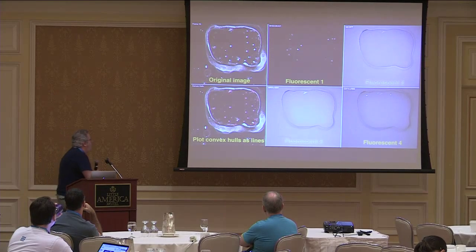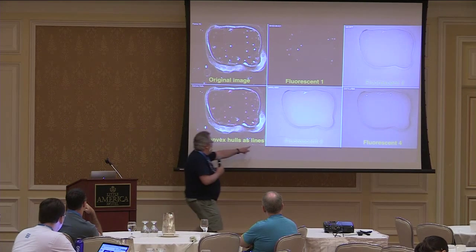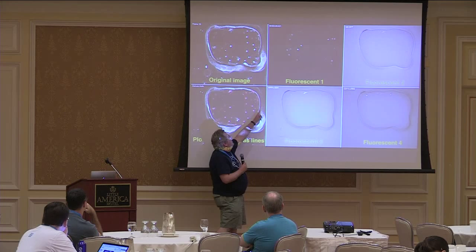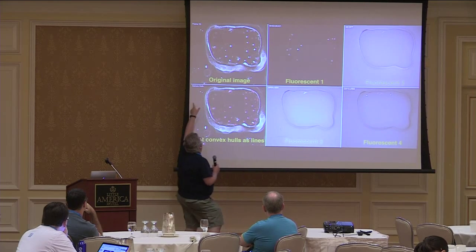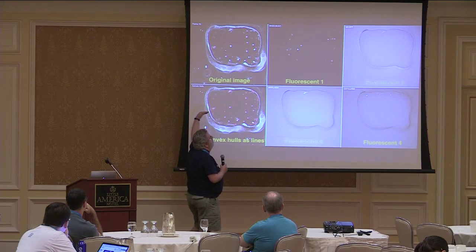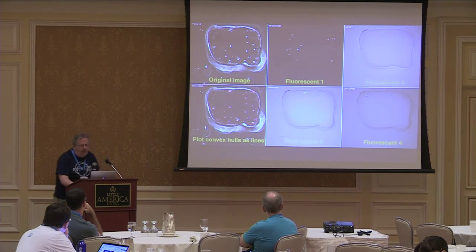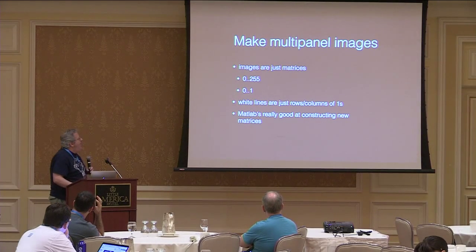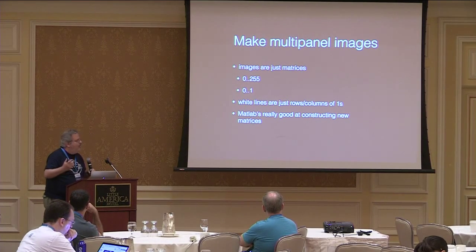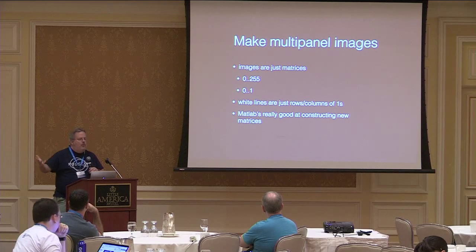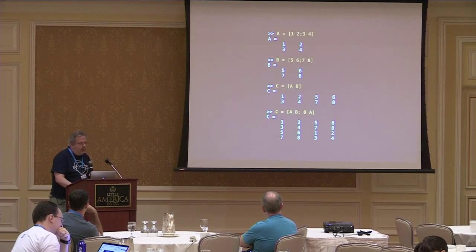So these white lines, like right here, are just a column of 1s going all the way up. And this white line here is just a row of 1s going all the way across. MATLAB's really good at constructing matrices, just like Perl's really good at dealing with strings.